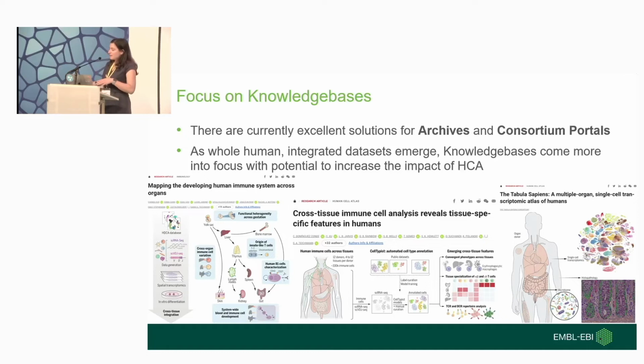But as the whole human integrated data sets emerge, such as the three that were mentioned yesterday, for example the Tabula Sapiens and so on, knowledge bases come more into focus, with the potential to increase the impact of HCA by making the data sets accessible to more types of users and of different fields.